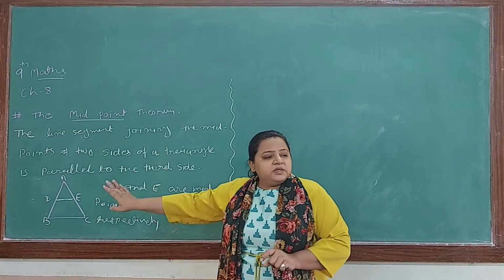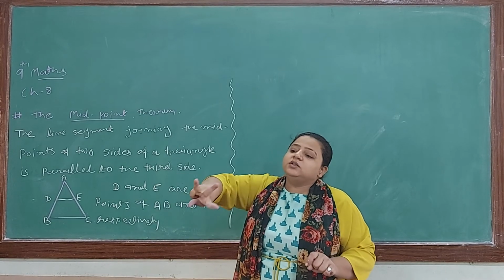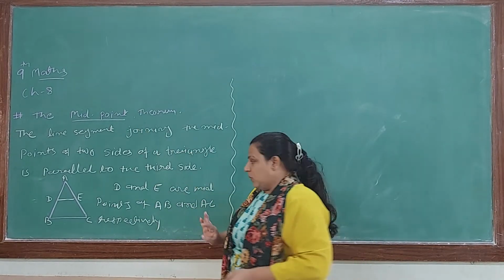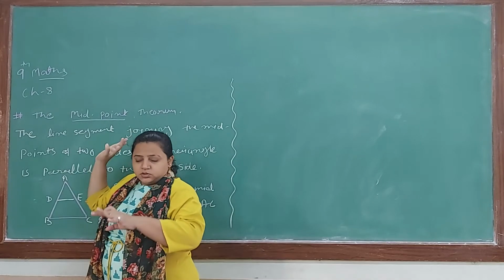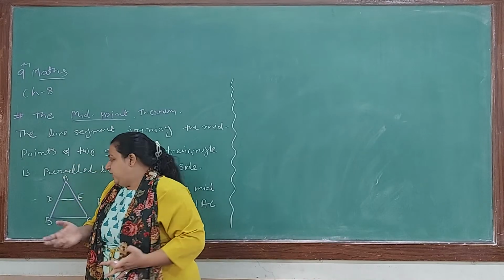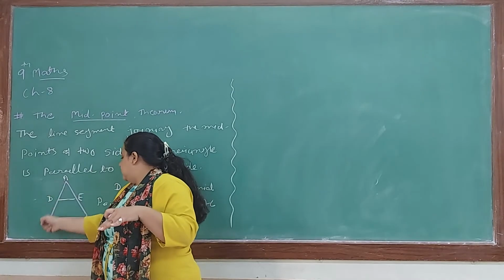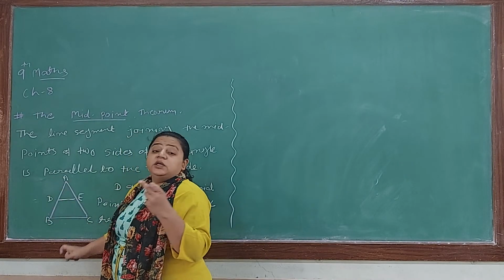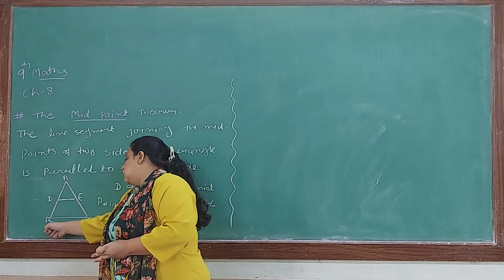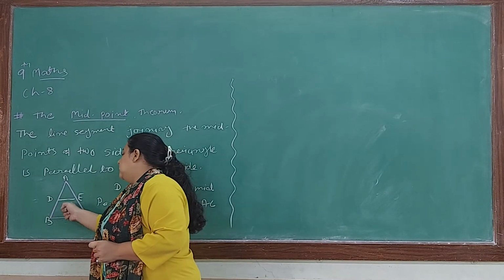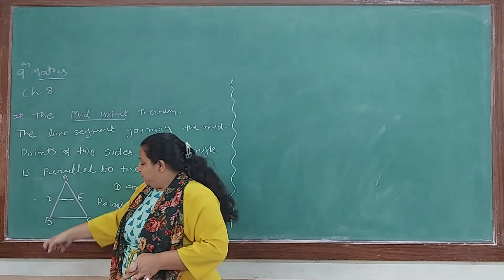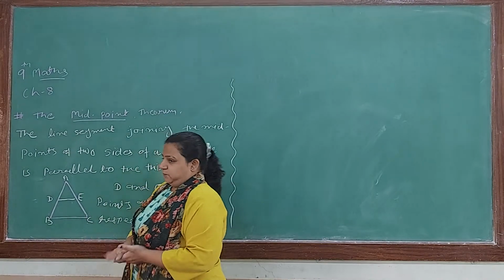So here BC is considered as the third side of the triangle. In this statement they are trying to explain that except the two sides, AB and AC, the third one is BC, and DE is always parallel to the third side of the triangle, so BC.